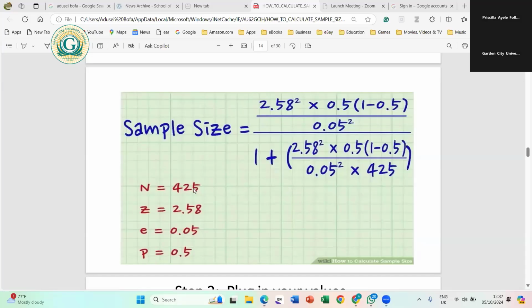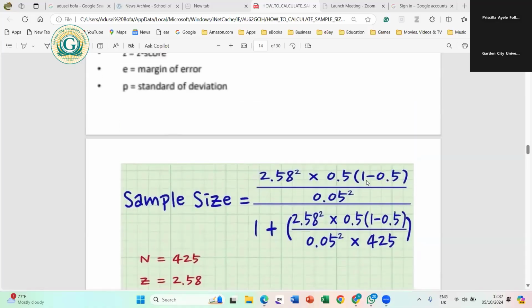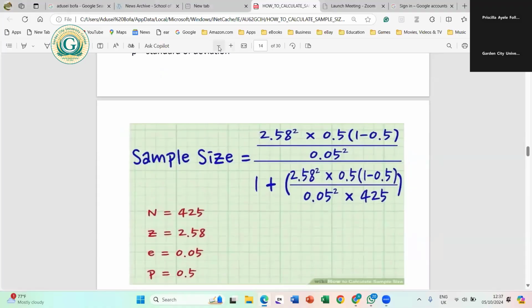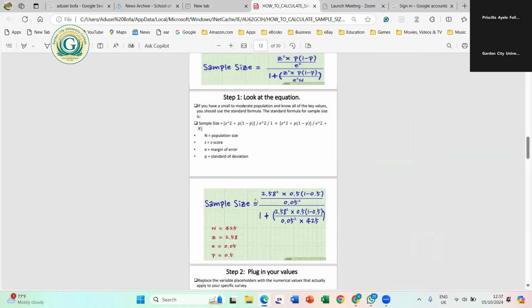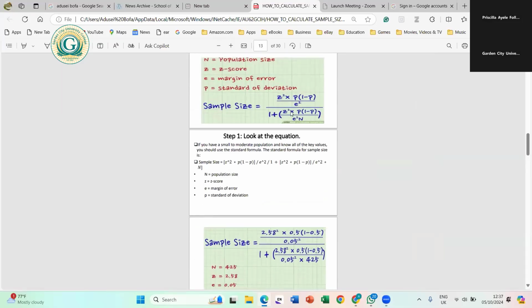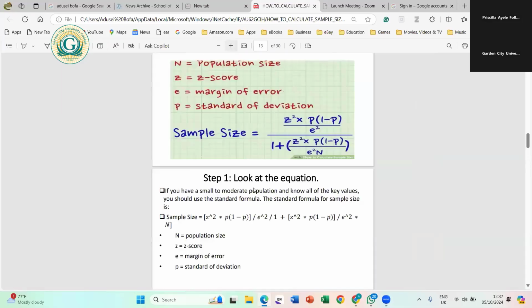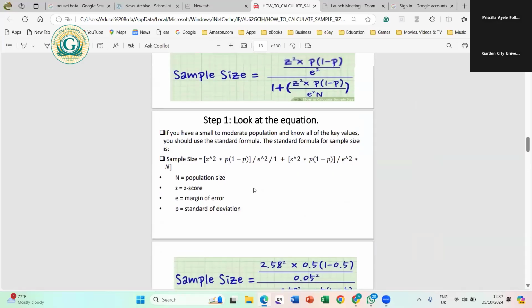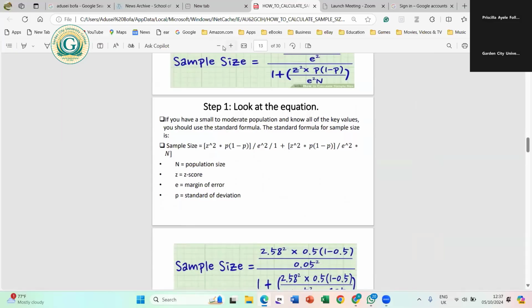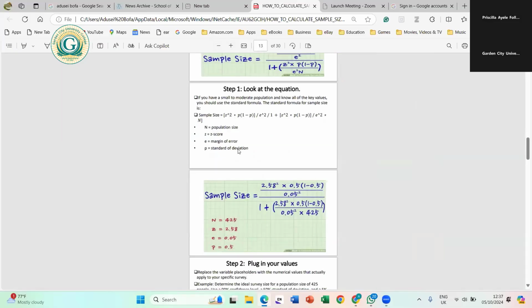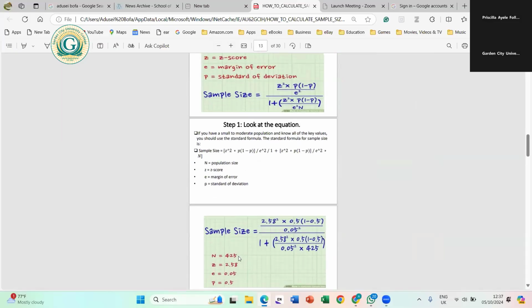N is what? 425. That's why we have 425 here, because this is the formula. Let me minimize it so that you can see the formula. Okay. So you see the formula is here. So N is 425.